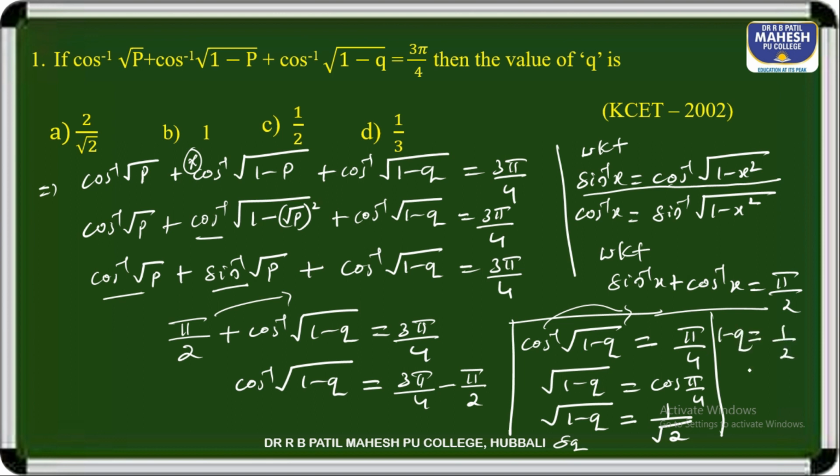And finally for q, taking minus q to the right hand side and 1 by 2 to the left hand side, it will be 1 minus 1 by 2, that is 1 by 2. So the answer for this question is, the value of q is 1 by 2. So option C is correct. Hope you understood question number 1.